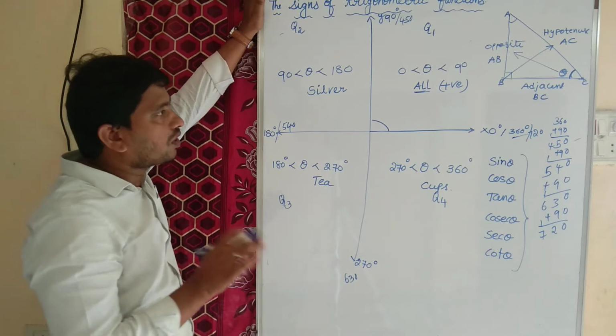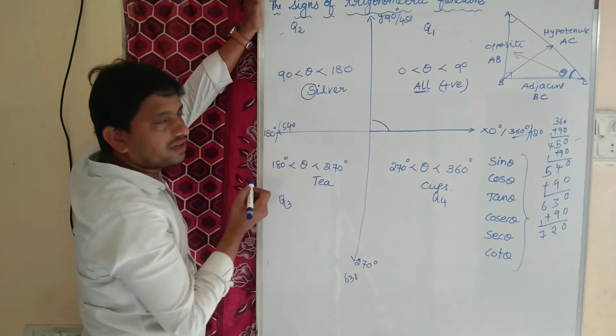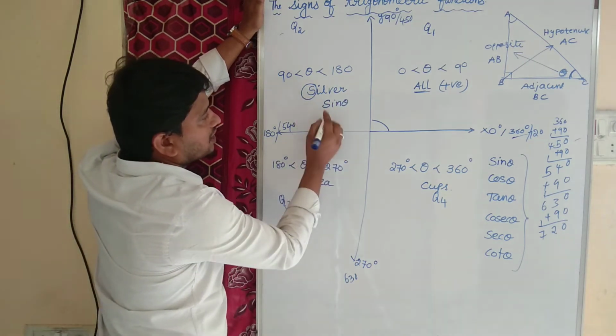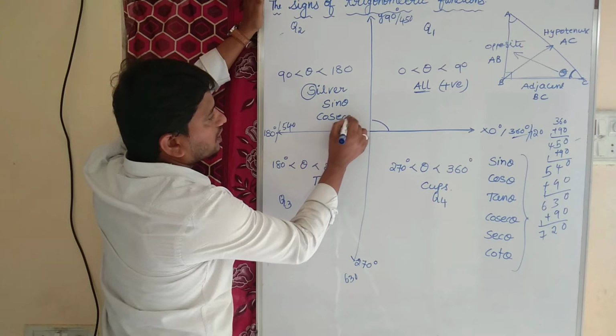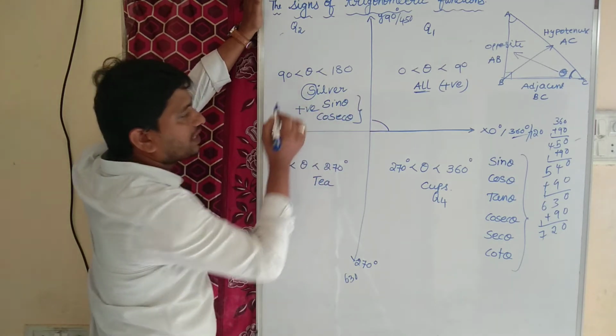Okay, now coming to coordinate 2. In coordinate 2, the first letter in silver is S, I mean sin theta, and the reciprocal of sin theta, cosec theta. These 2 trigonometric ratios are positive in second coordinate.